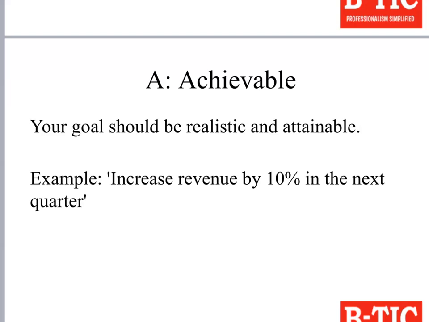And if you say, in the next intake, I have to increase the number of students by 10%, it is realistic. You have 100 students now. You need to increase the number of students in the next intake by 10%, meaning 110 students. That is realistic. But if you say, I have 100 students now, and I want to make 200 students for the next intake, that is not achievable. That is not realistic. So your goals have to be realistic, achievable, and relevant as well.